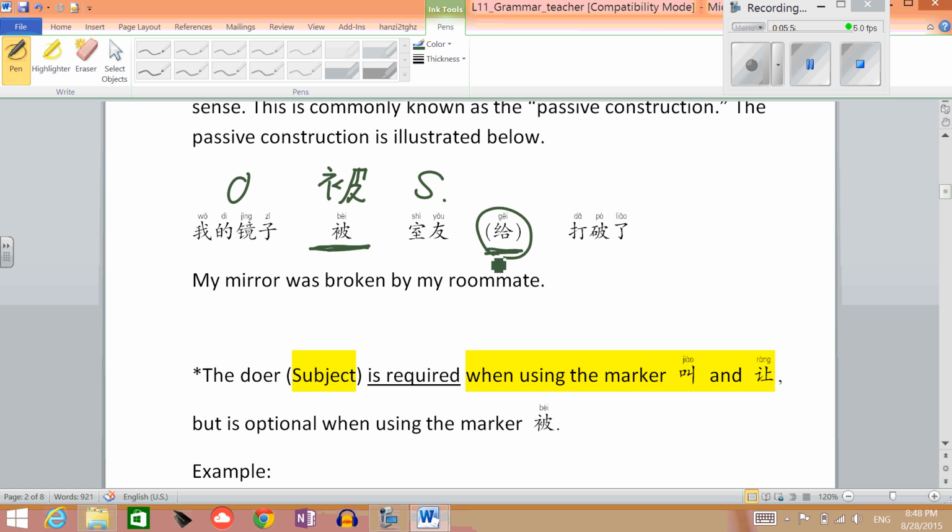It's just a grammatical word. Okay, so if I take out this 给, 我的镜子被室友打破了. My mirror was broken by my roommate. Without 给, the sentence is correct. And if you say 我的镜子被室友给打破了, it's also correct. And the meaning does not change.